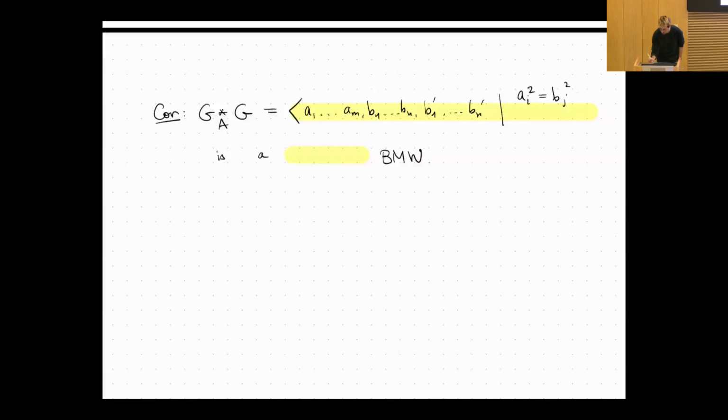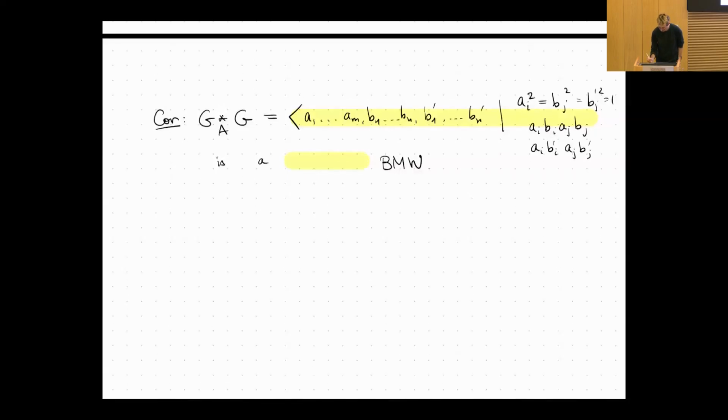Bj squared, Bj prime squared are 1. And I put the relations that I had originally, and the same relations but with a prime. Okay, so since A is non-separable, this turns out to be a non-residually finite BMW.